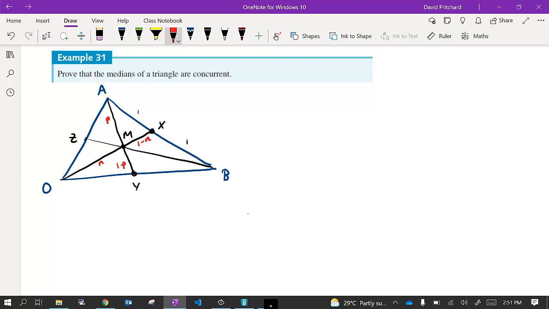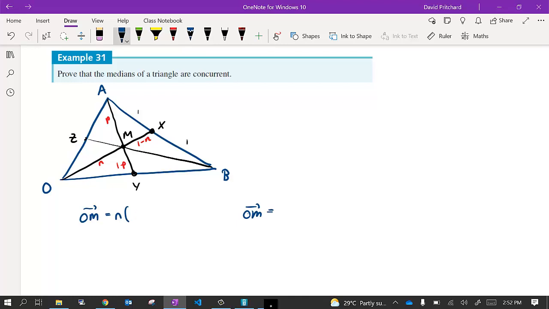Now what we're going to look at doing is look at OM two different ways. So OM and OM. So the first way we're going to follow is a nice simple OM using this line OX. So the first thing that we'll write here is, well, it's n out of 1, so n on 1 of OX.